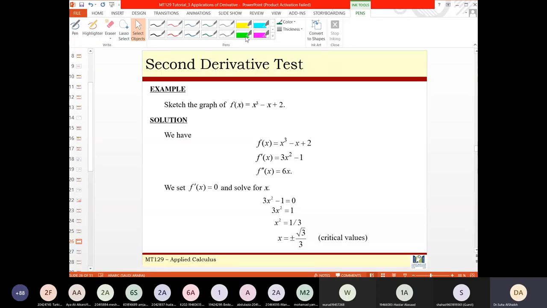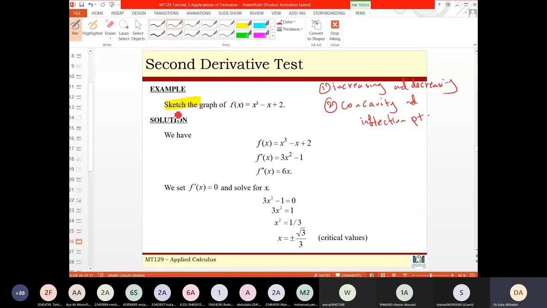So here it just says sketch the graph of this function. So they go through the steps. First, they will study the increasing and decreasing. Second, they will study the concavity and inflection point.